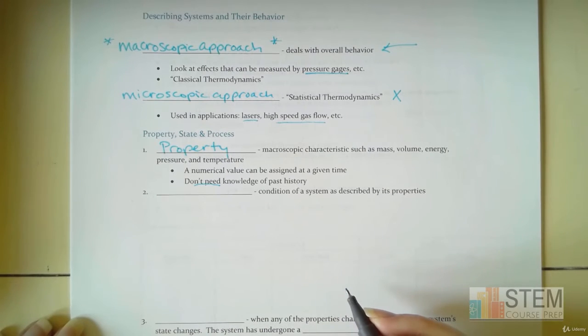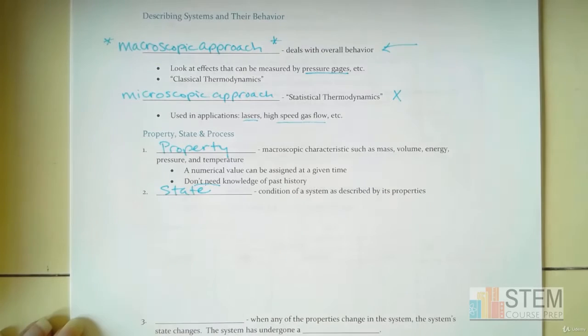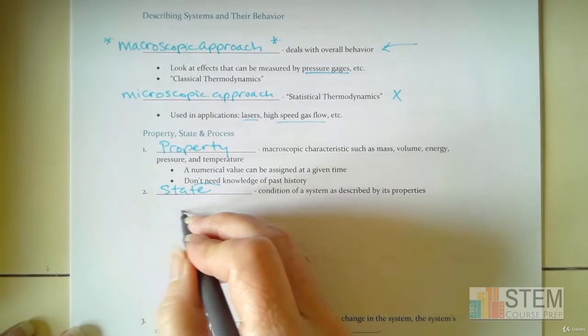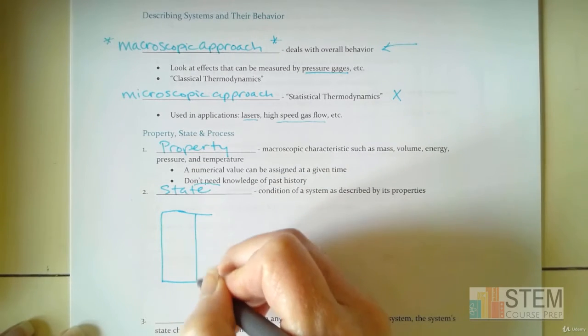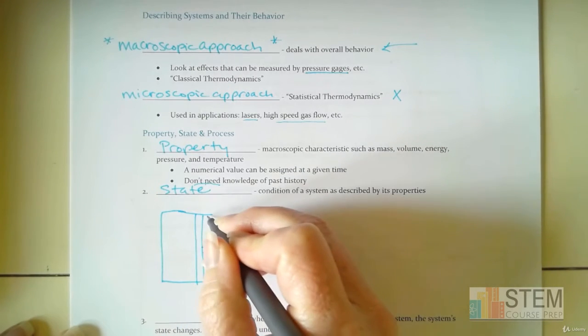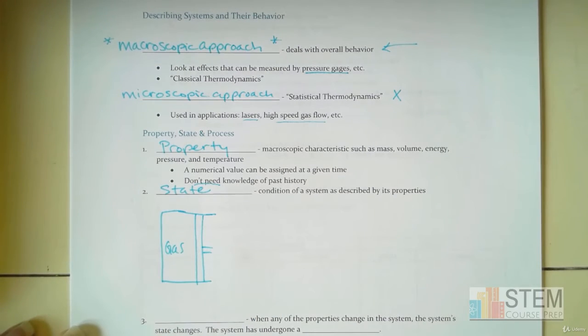All right, now next we're going to have the state. When we talk about the state, we're just talking about the system as it is described by its properties. So if I go ahead and draw another piston cylinder assembly like this, and in here there's some gas.